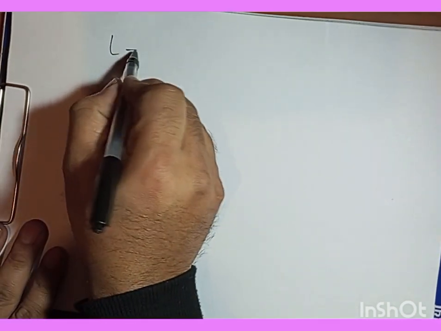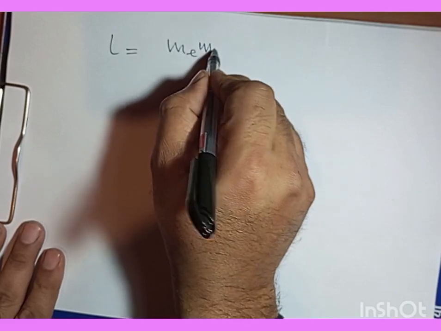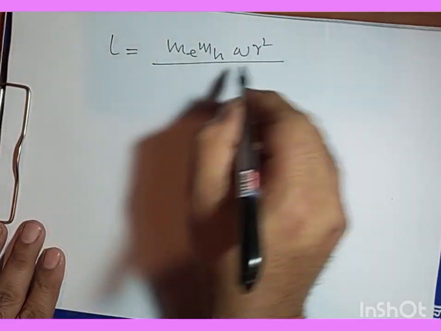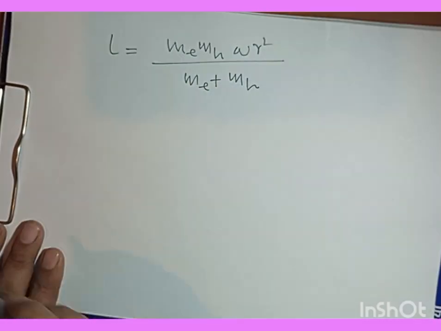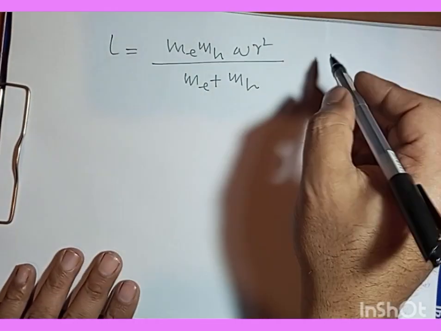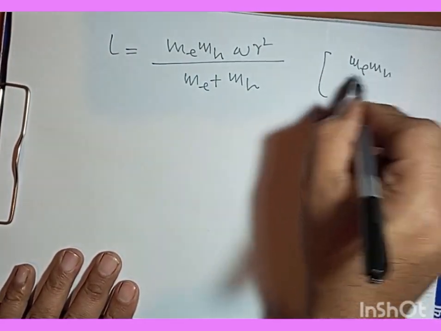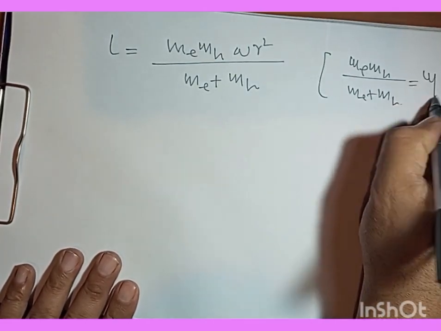So L is going to be me mn, then omega r square by me plus mn. Now, what is this? me mn by me plus mn is nothing but reduced mass.